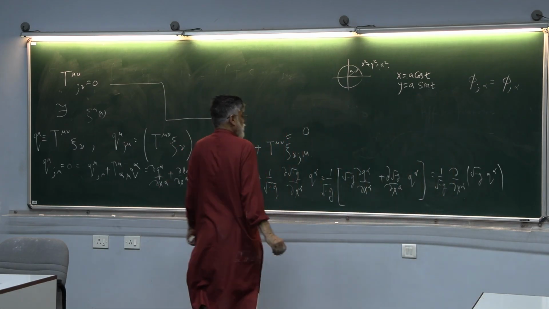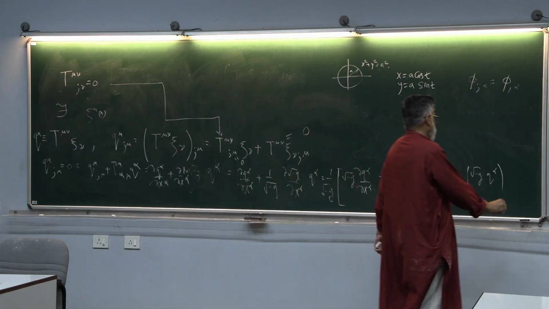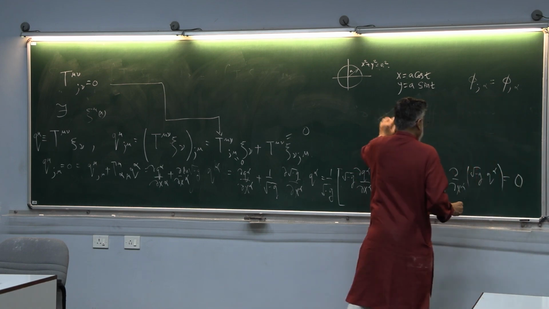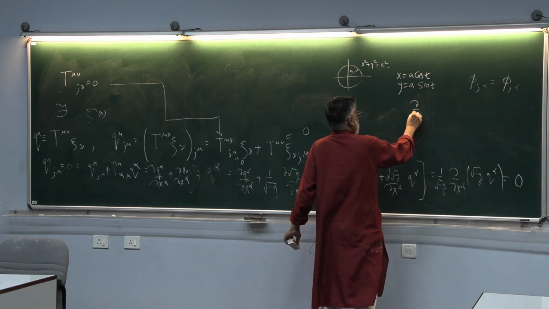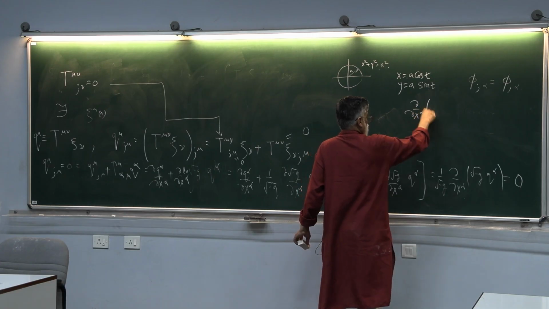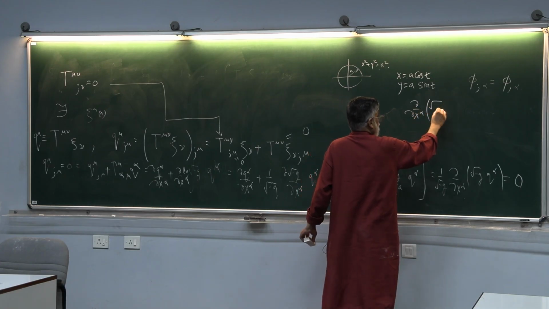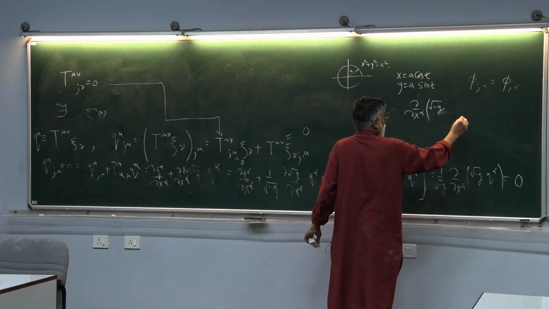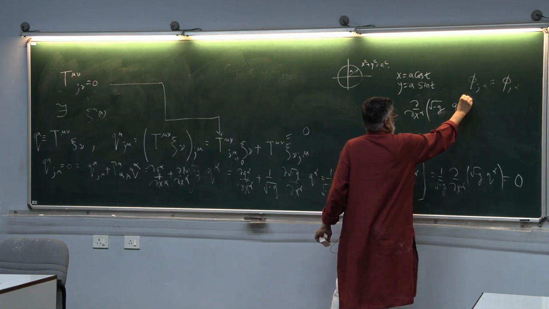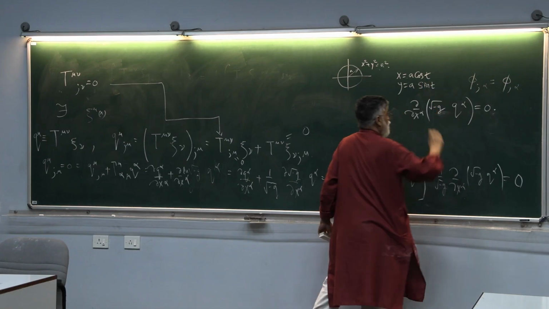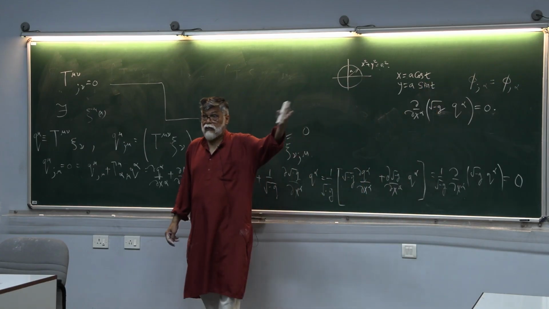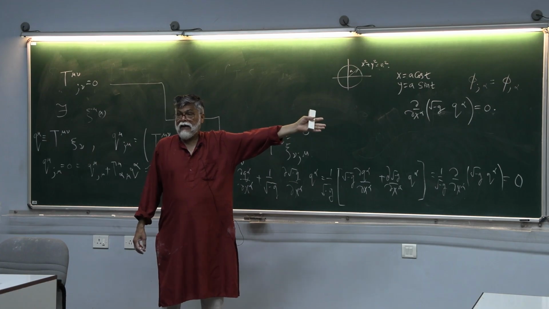If this is equal to 0, I have got the equation that del by del x alpha of root minus g q alpha is 0. Now this is a local equation, but from this I can construct a globally conserved quantity.